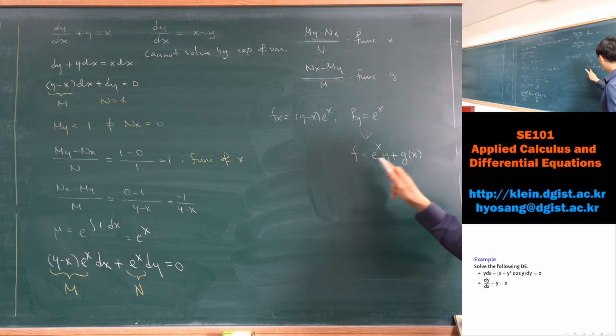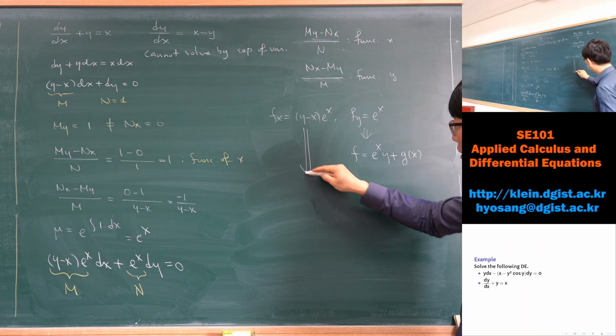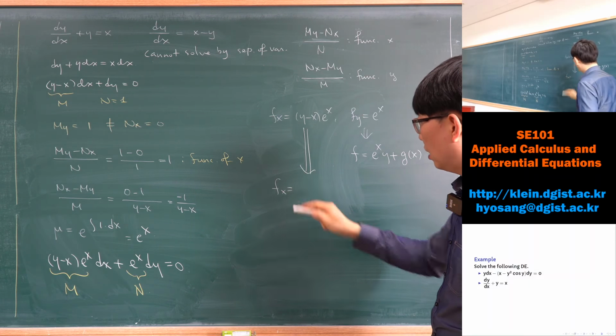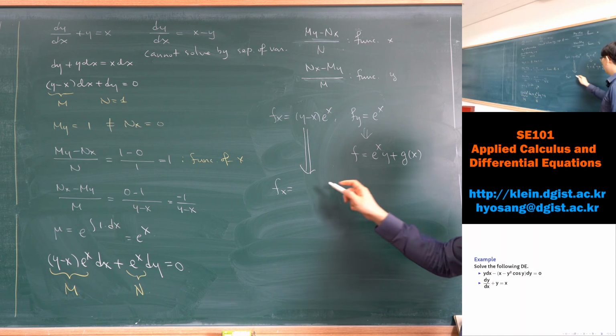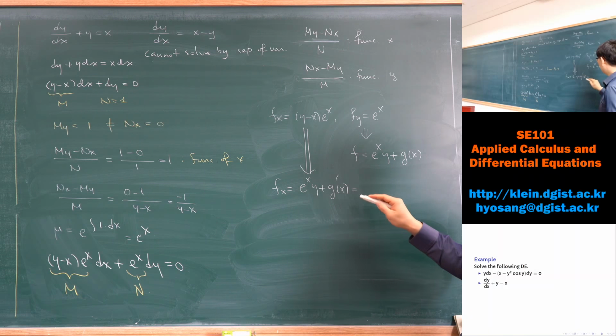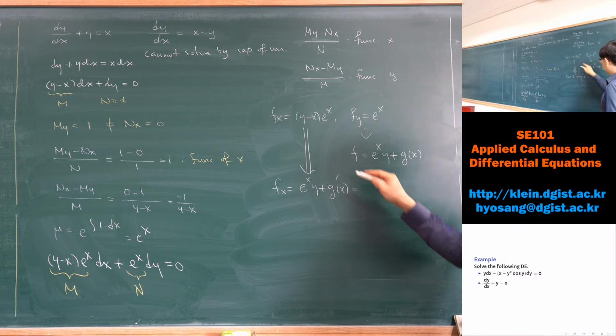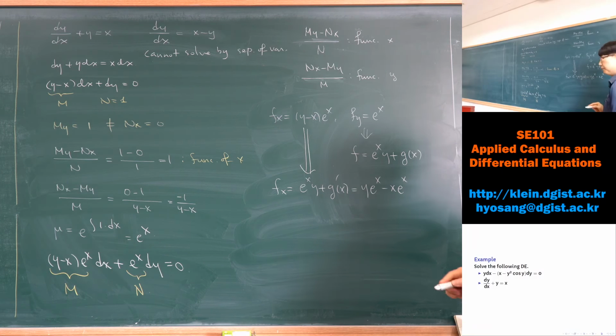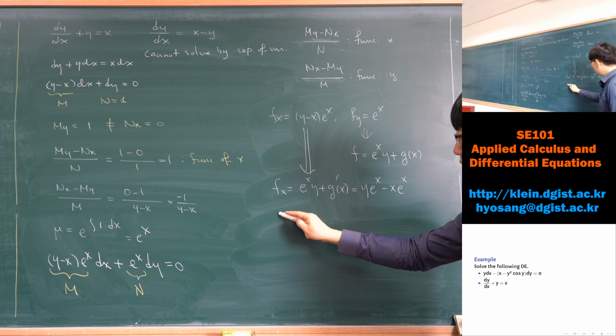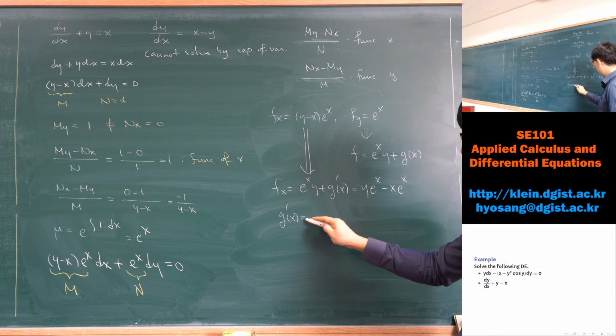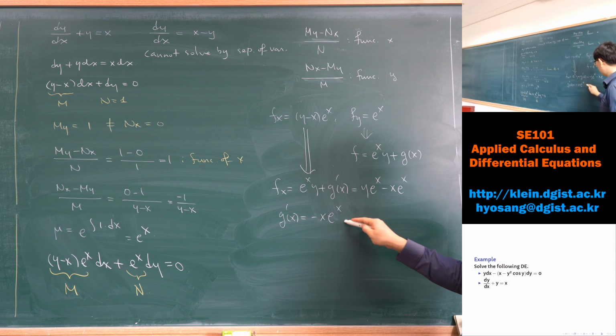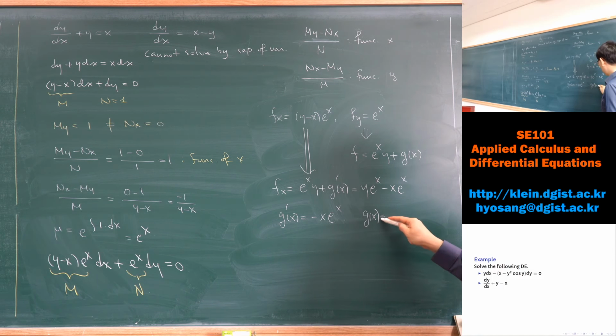Now, if you assume that this was your function, then taking the derivative with respect to x gives e^x y plus g'(x), and that must equal y e^x minus x e^x. So g'(x) must equal minus x e^x. Therefore, g(x) must be minus the integral of x e^x dx.